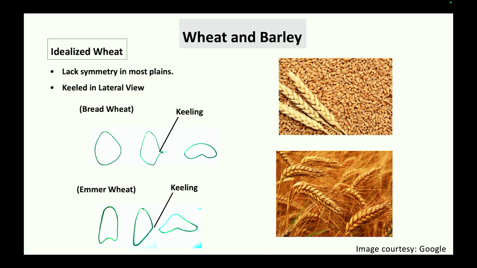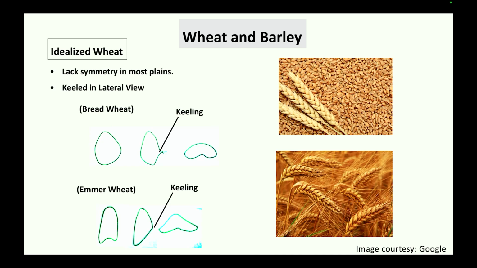Harappans were well known to identify all these grains, and they were well aware of the cultivation of this wheat. If we want to understand bread wheat and emmer wheat, then bread wheat is Triticum aestivum and emmer wheat is Triticum dicoccum, two distinct species of wheat with different characteristics and historical importance.